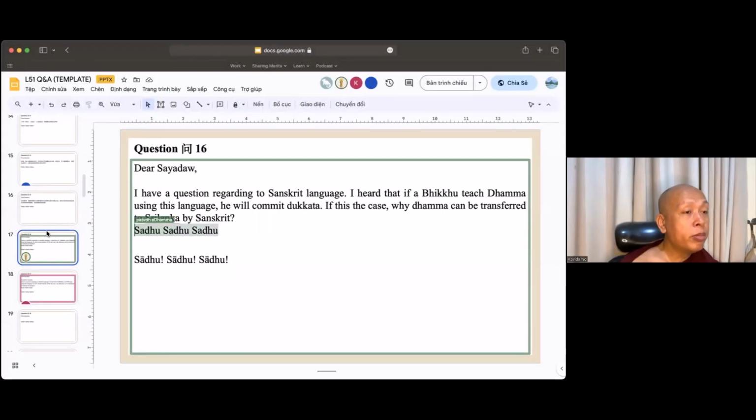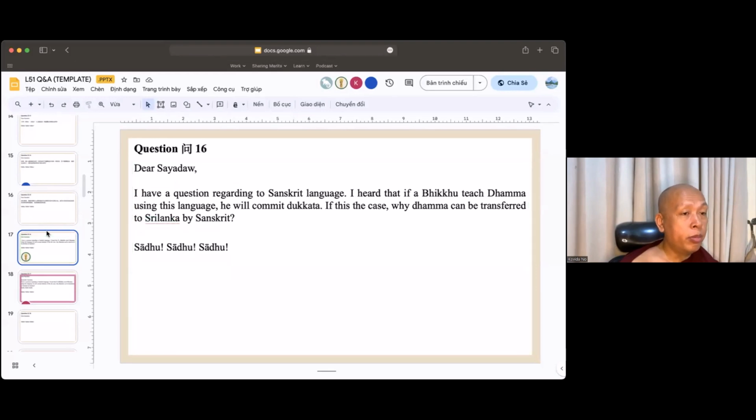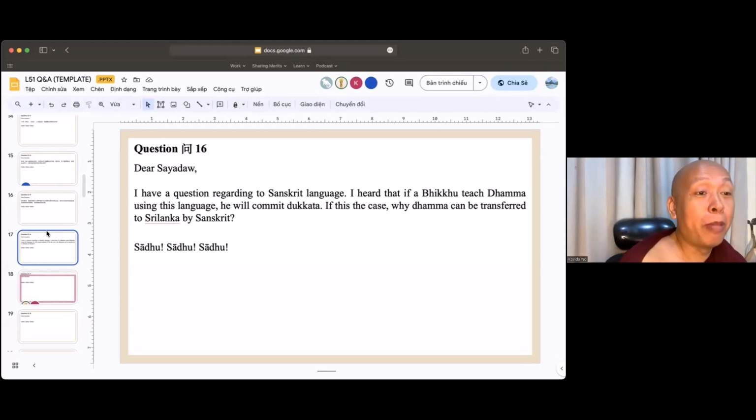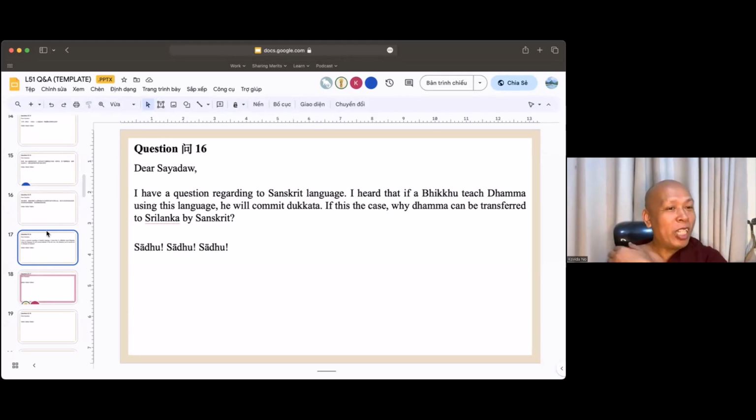I have a question regarding the Sanskrit language. I heard that if a bhikkhu teaches Dhamma using this language, he will commit a dukkata. If this is the case, why was the Dhamma transferred to Sri Lanka by Sanskrit? No, this is a misunderstanding. Actually, the Dhamma was transferred to Sri Lanka in Pali; they translated into Sanskrit later, not transferred by Sanskrit.